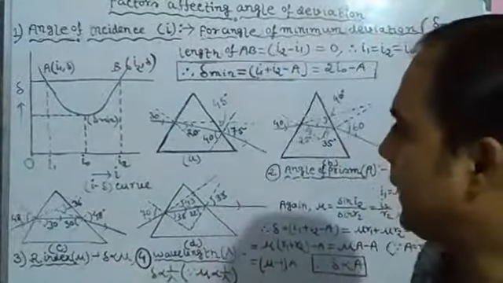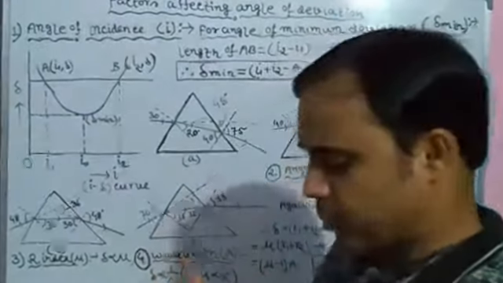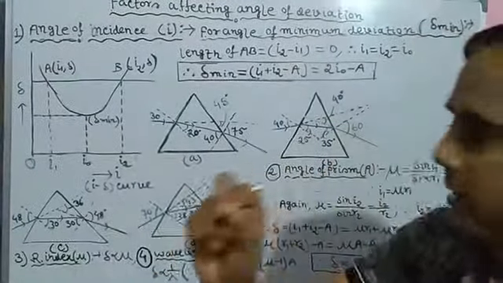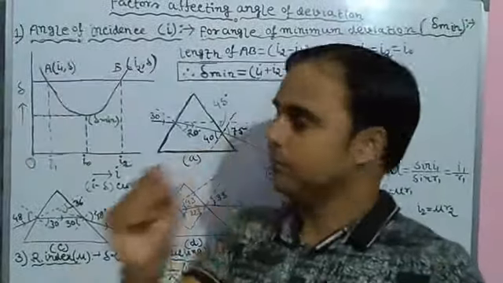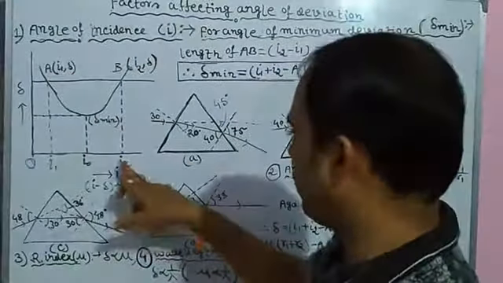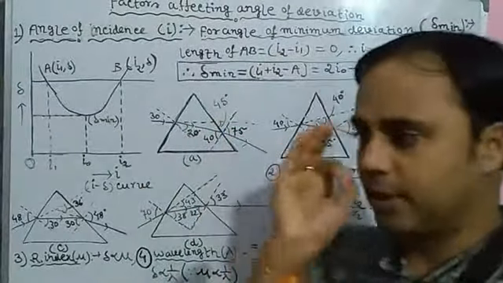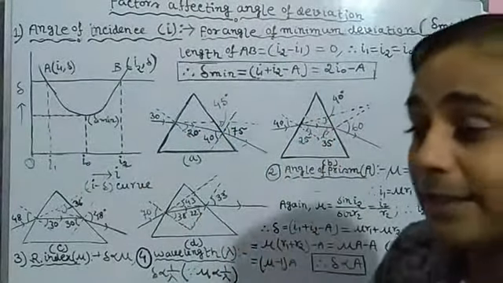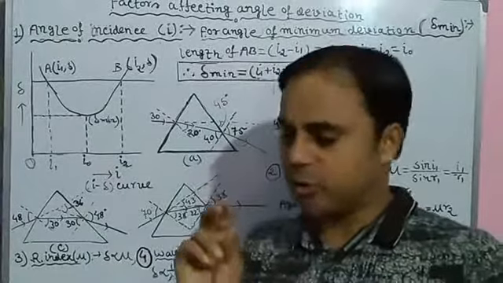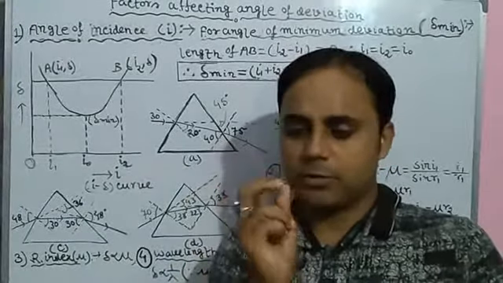This only happens for a particular value of angle of incidence, only one and unique. Then it again increases for I2. So for a particular value of angle of incidence, the deviation reaches its minimum value, and the position of the prism will also be unique, since we rotate the prism continuously.